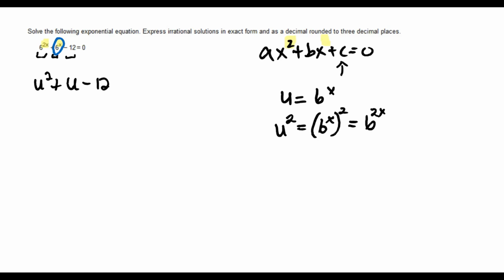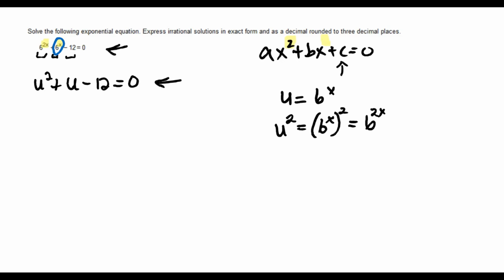We carry down the minus 12, and that transformation when we did the substitution turned the equation into a quadratic. Remember I said it started out similar to a quadratic, and when we did that substitution it actually turned it into a quadratic.